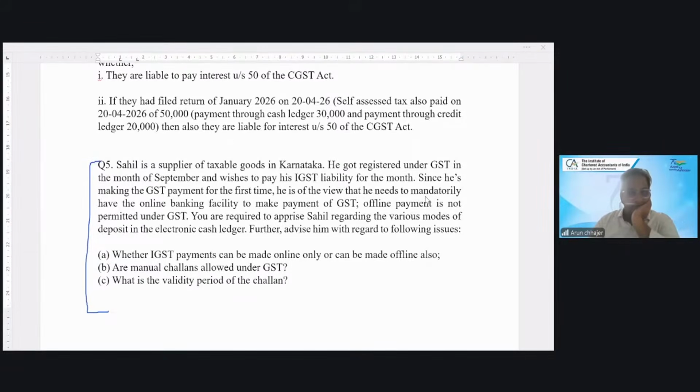Okay, kindly give the answer in the chat. All are requested to give the answer in the chat.